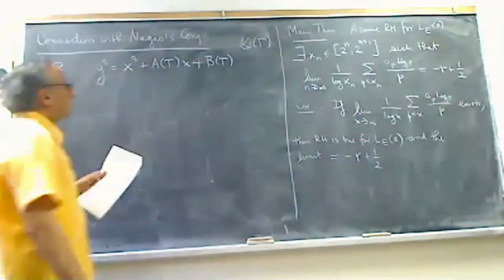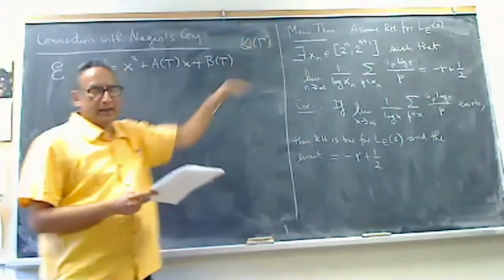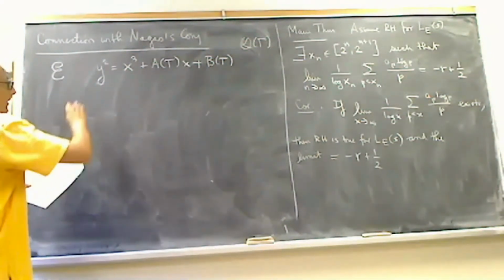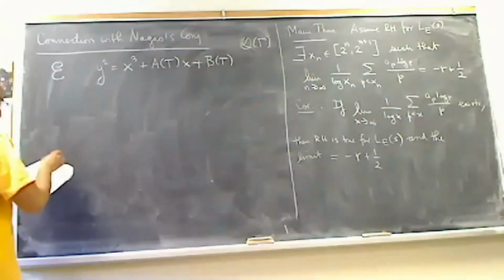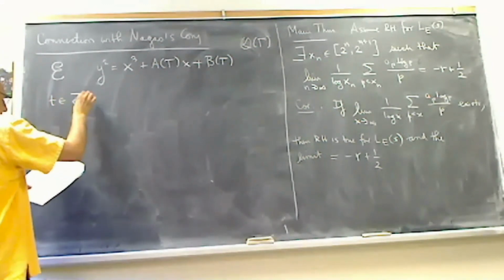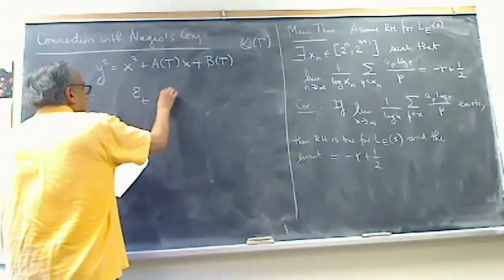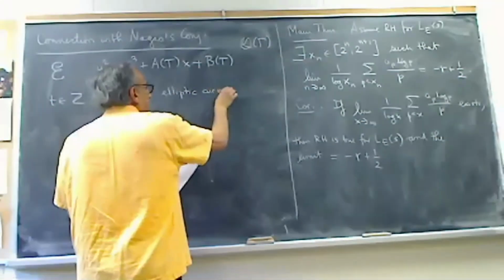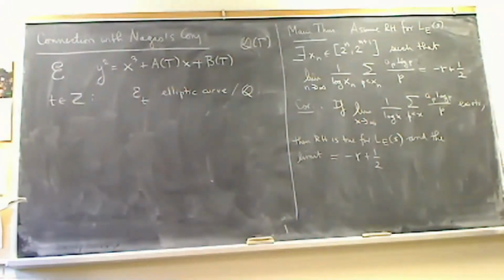So it's an elliptic curve over the field of rational functions Q(t). And of course, you make the usual assumptions, the discriminant is not 0, and so on and so forth. So for each t, a rational number or t in Z, you get an honest to goodness elliptic curve, the kind we've been studying over the rationals.